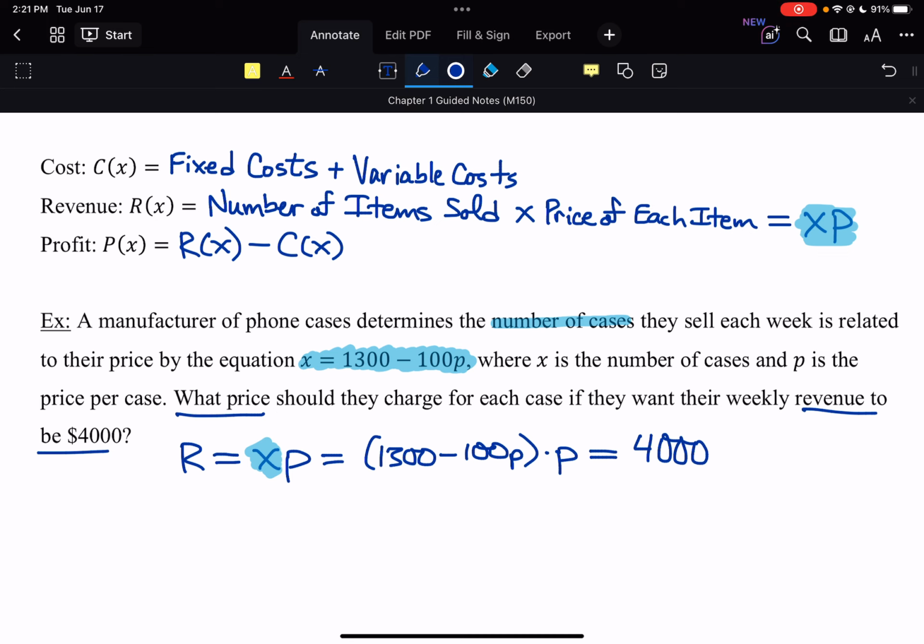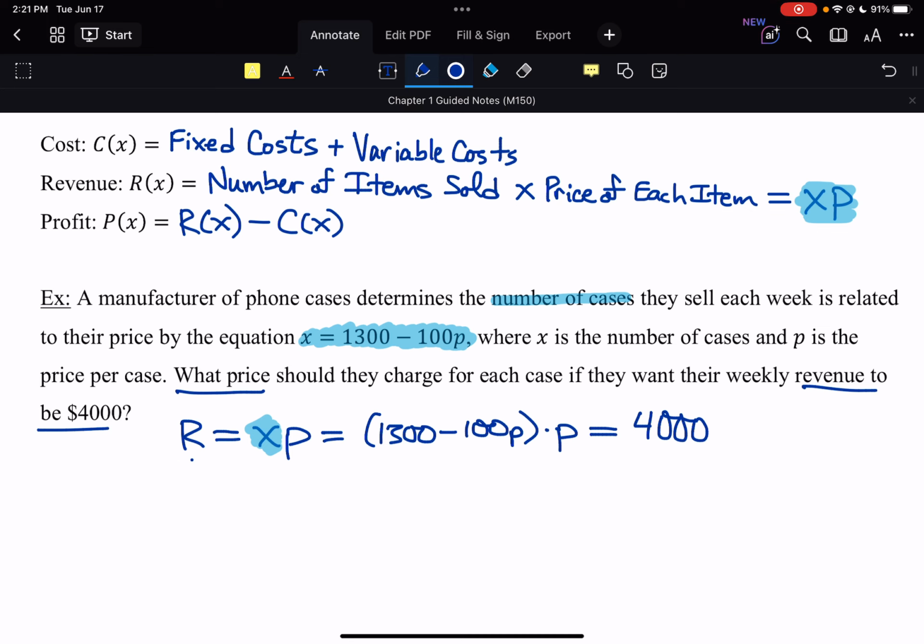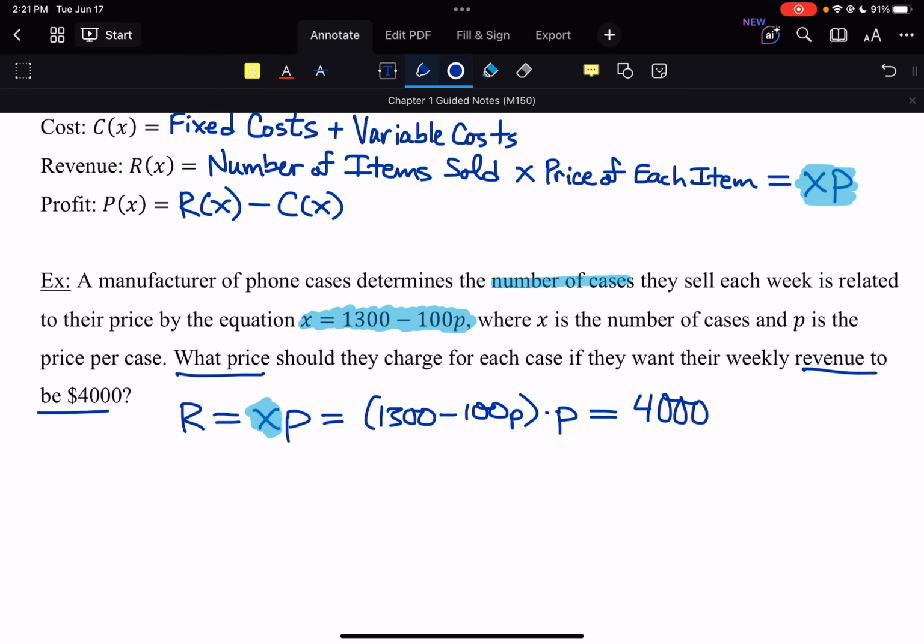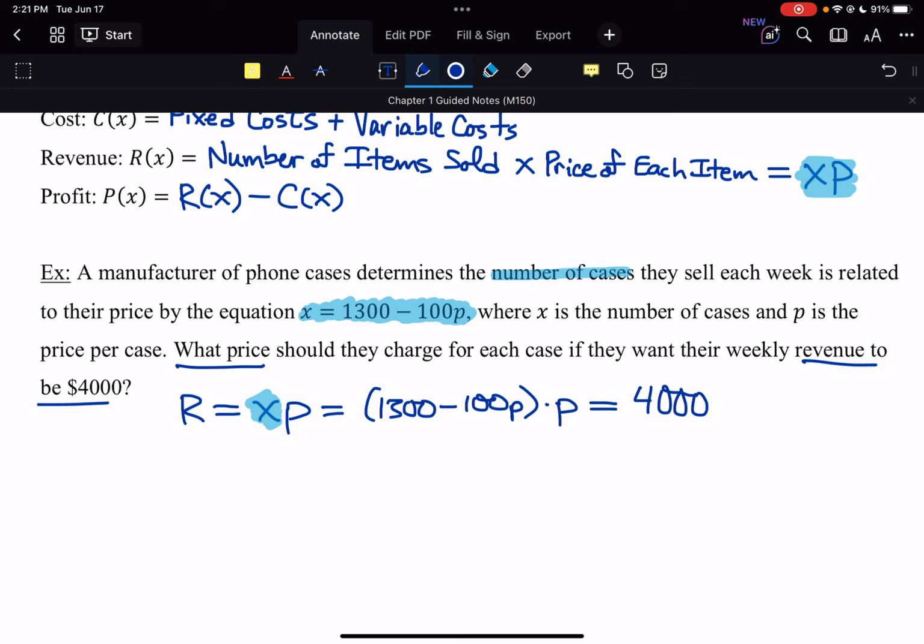So again, this is revenue equals 4,000, and we're trying to solve for p. So when it comes to solving this now, the setup is done. Okay, so we've read, interpreted, and we've applied the proper formulas. Now this becomes basically an algebra problem where we need to simplify this as much as possible. So we're going to get 1300p minus 100p squared equals 4,000.